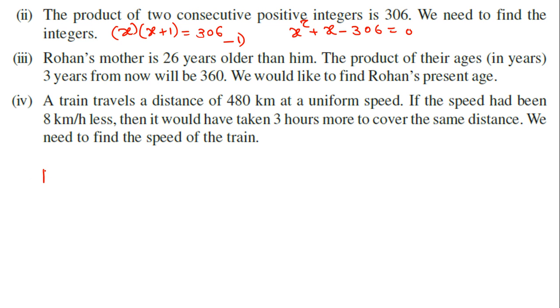First of all, don't change the variable. R means Rohan and M means his mother. Now you tell me what to write. Now, which kind of relationship should be there? Mother is 26 years older than him.